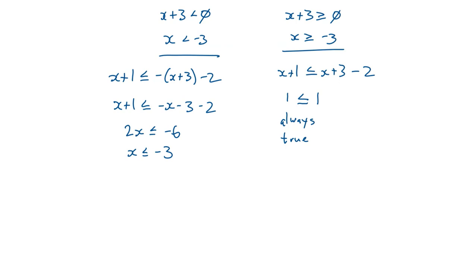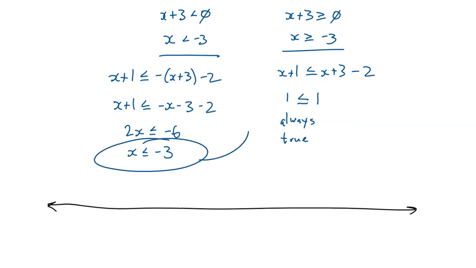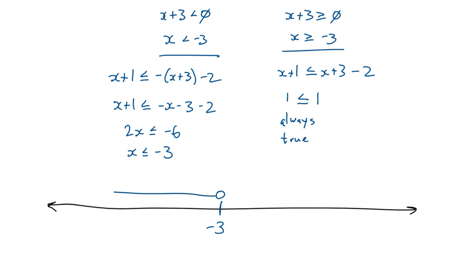So if we do our number line, it turns out this negative 3 is the same as that. So this number line only has one value on it. This is less than negative 3. And this is less than or equal to negative 3. Again, it's where they overlap.